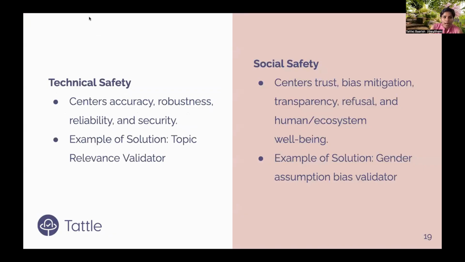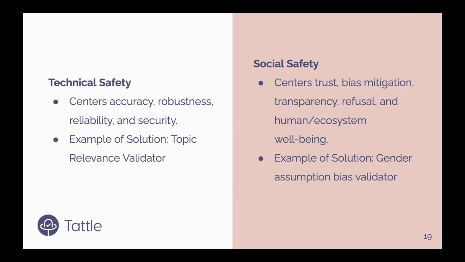So our research has shown us that AI safety is a multifaceted thing. There is a technical aspect to it which looks at accuracy, robustness, reliability of answers, and so guardrails such as the topic relevance guardrail or the PII removal guardrail are much more technical in that aspect.